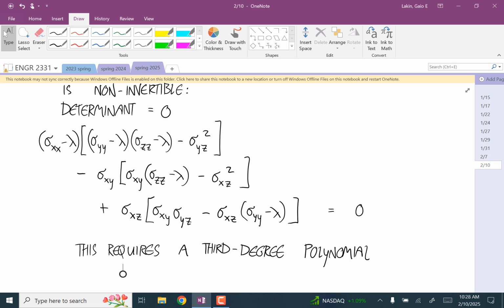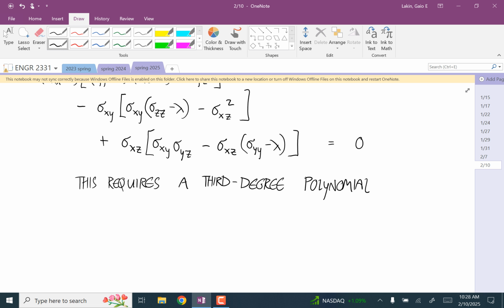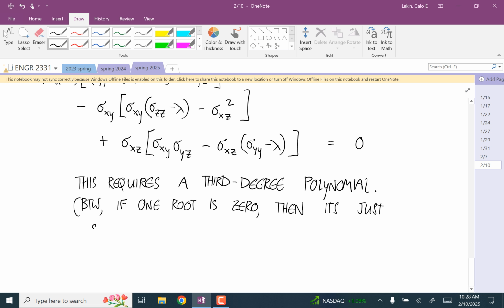And then this thing would reduce to a quadratic, and then it's easy, anybody can solve a quadratic. So, by the way, if one root is 0, then it's just solving a quadratic equation.